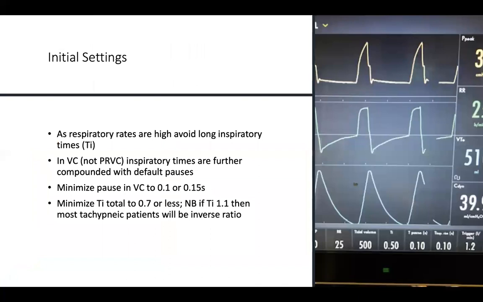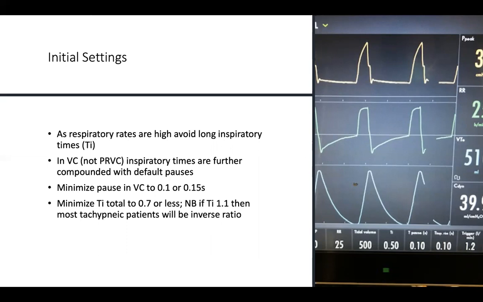So going back, we've already kind of talked about this. I just purposely wanted to discuss this again. Given that these patients, often after the paresis is over, will have high respiratory rates spontaneously, or need high respiratory rates to adequately ventilate, we should avoid long inspiratory times.